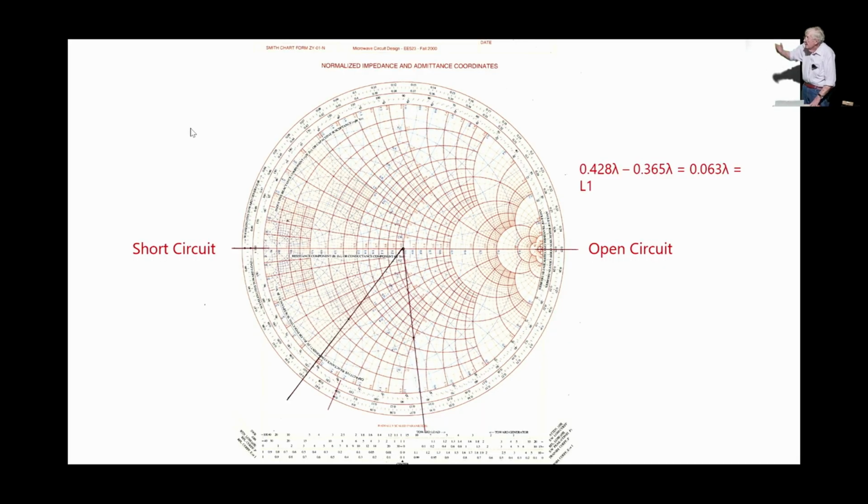The prior graph where we rotated around dictated how far you move down from the transmission line, and it's in wavelengths, and then you end up with either an inductive reactance or a capacitive reactance to tune out, and you tune it with an open circuit or a short circuit stub. And this little calculation that I've done here is for that.